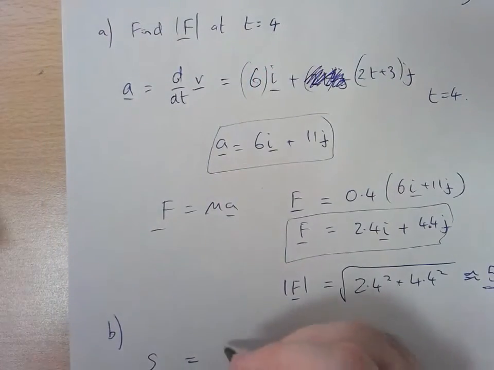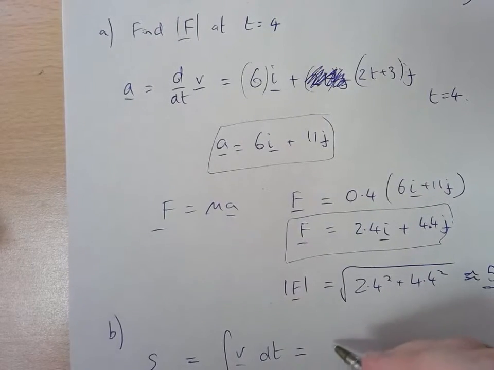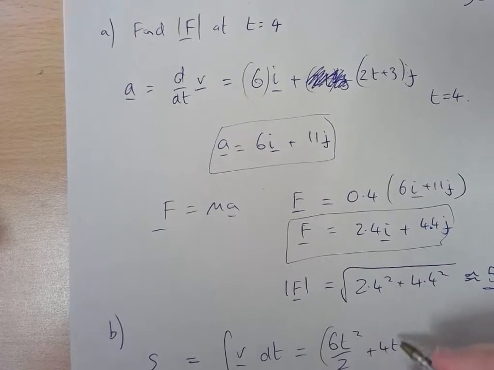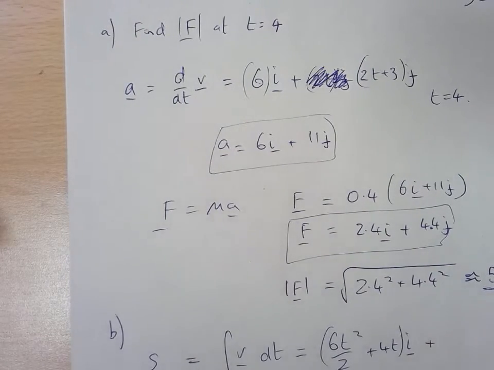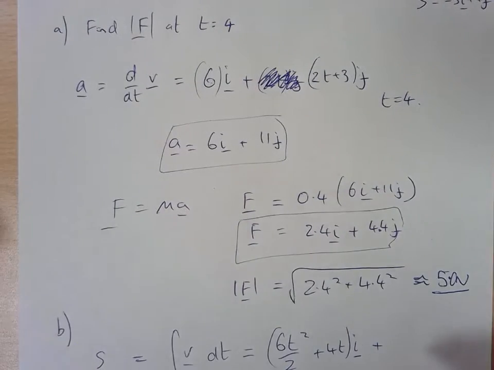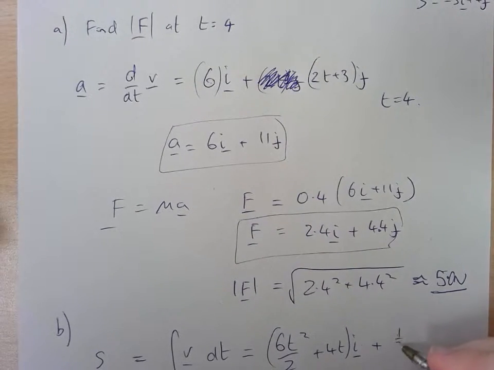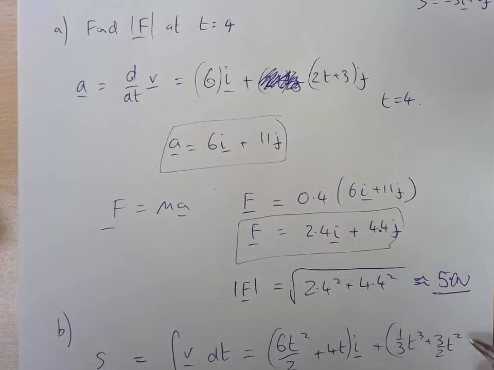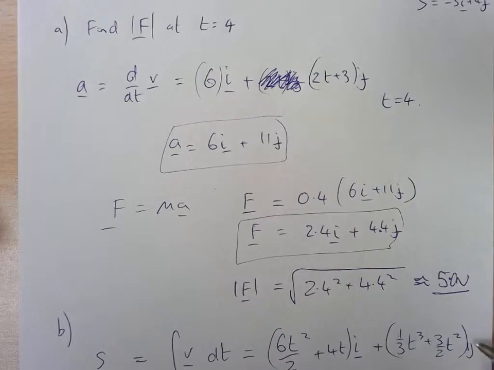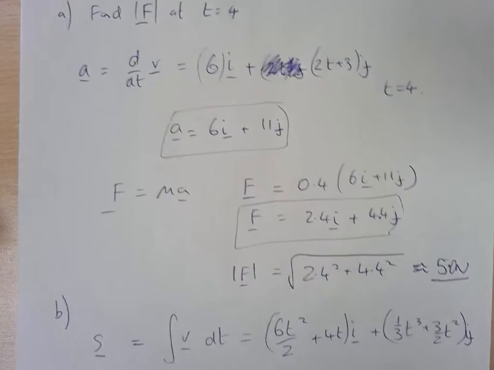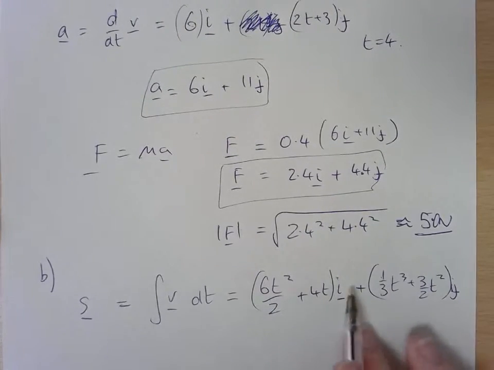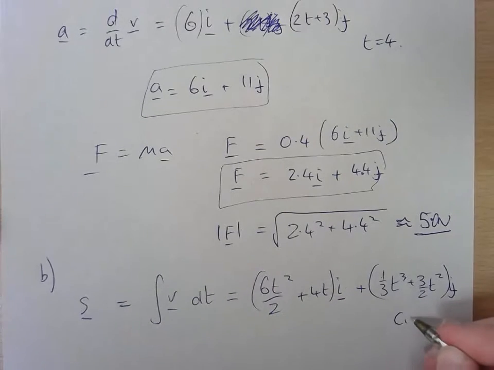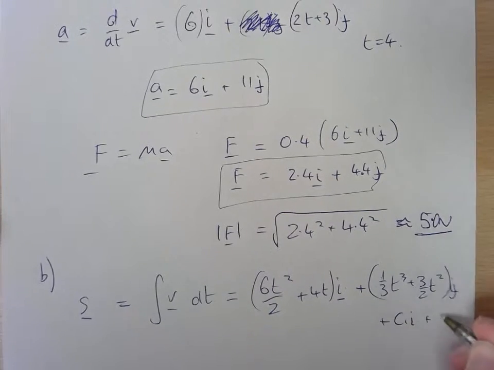So we're going to get the integral of v dt, which is 6t squared over 2 plus 4t for the i's, plus, and then we're going to have 1/3 t cubed plus 3 over 2 t squared j, and then we need a constant, and actually because we've got an integral with an i in it and an integral with a j in it, we need a c1 i plus a c2 j.